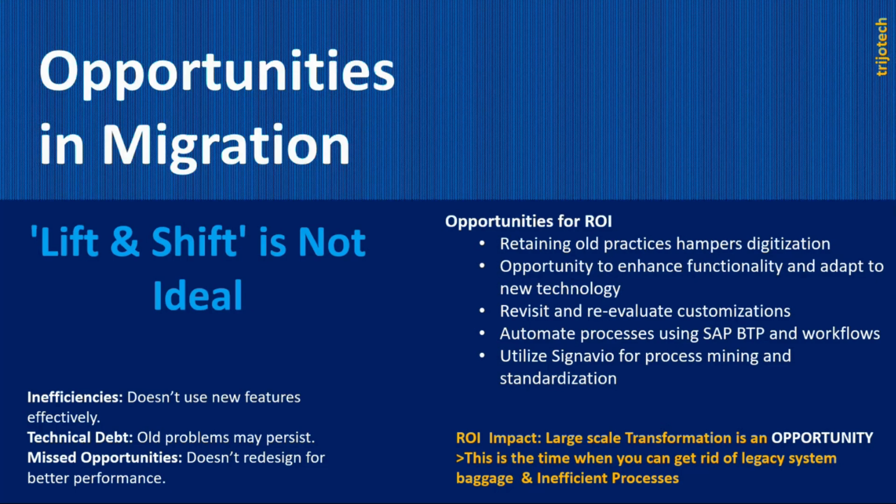One is the processes you are already using and the customizations piled up in the old or legacy system. You need to revisit all of those and see how you can leverage the standards coming from S/4, so that you can compare those functionalities with the standard functionalities in S/4HANA, avoid lift and shift, and get onto the new platform.